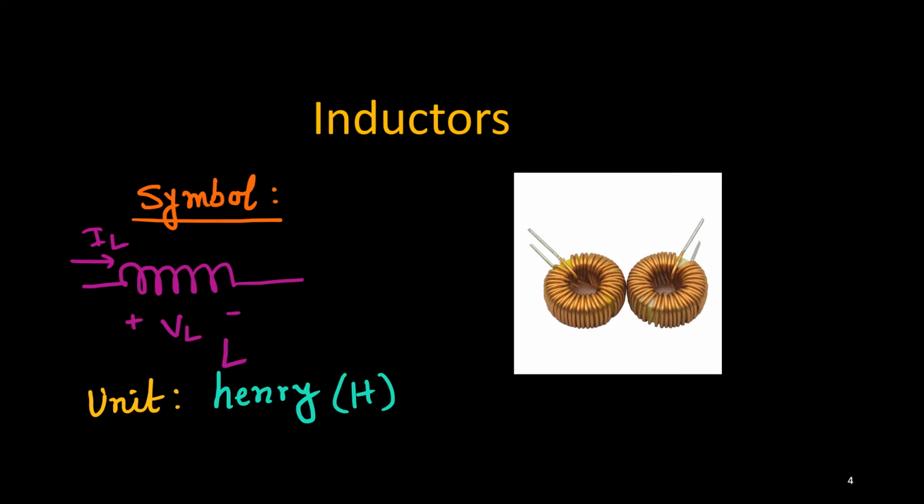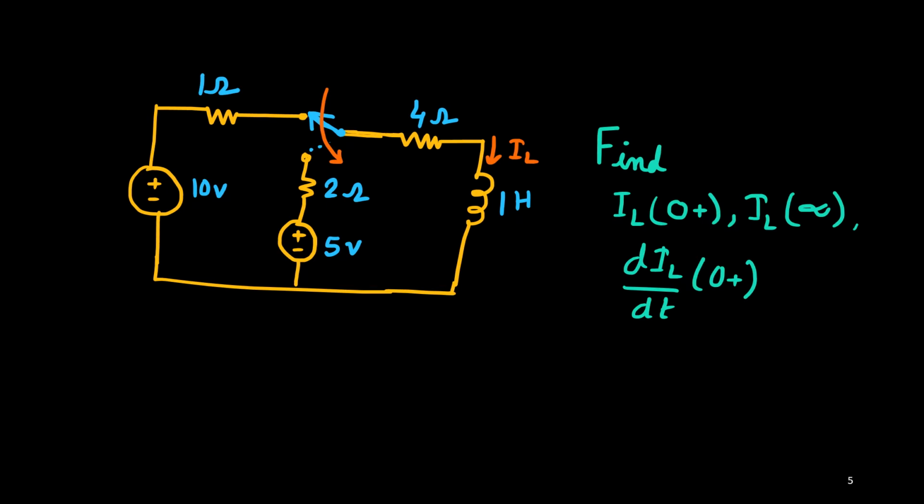Now, so you see the motivation for this video. In this video, we'll try to develop one concept to analyze this kind of circuit. Just look at the circuit. This is one source, 10 volt, and it's 1 ohm. Here it is 5 volt, 2 ohm.